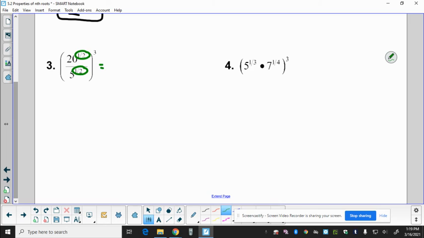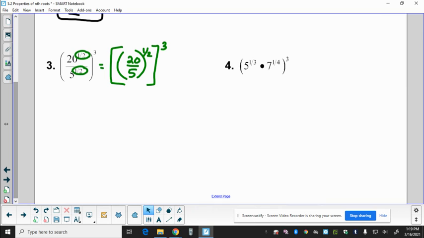So I'm going to rewrite this as 20 over 5 to the 1/2, and it's still to the 3rd power. And then what I'm going to do is think, okay, what's 20 divided by 5? Well, that's 4, right? So this is now 4 to the 1/2 power to the 3rd.